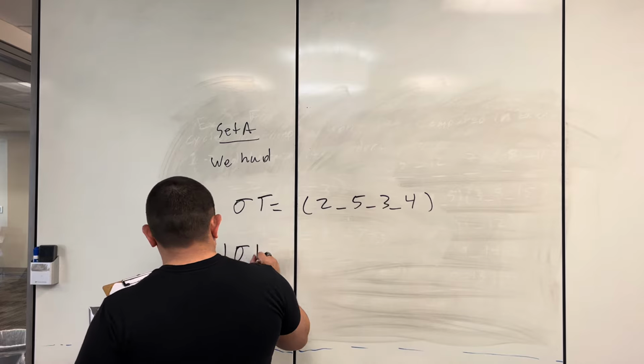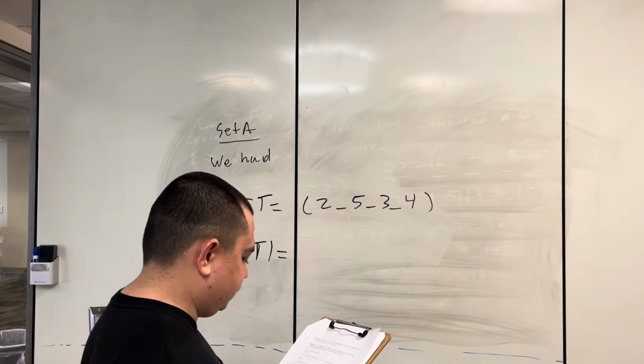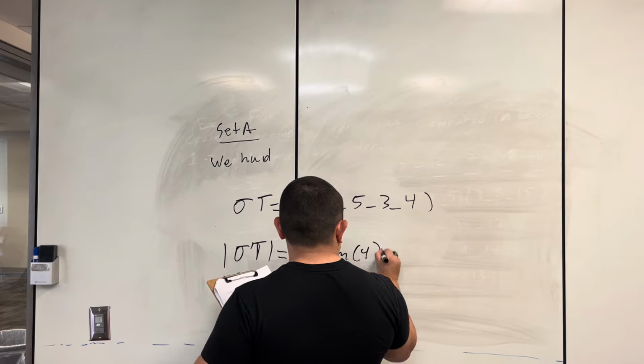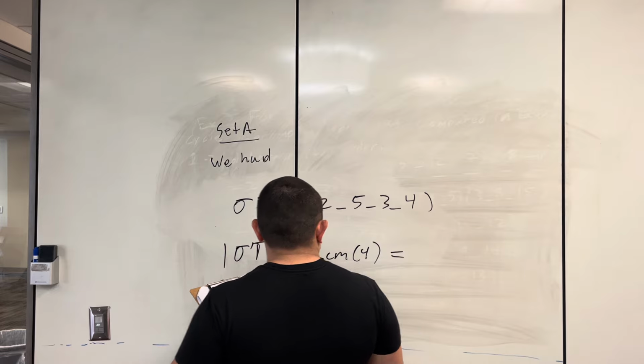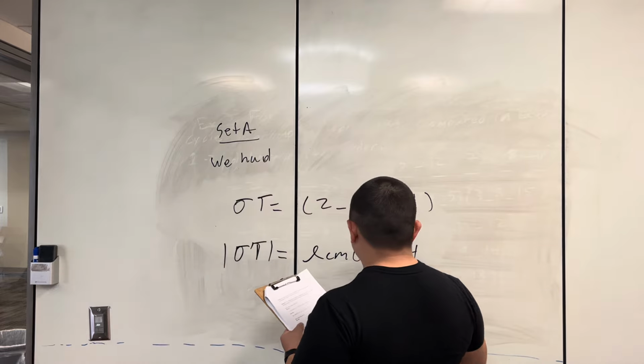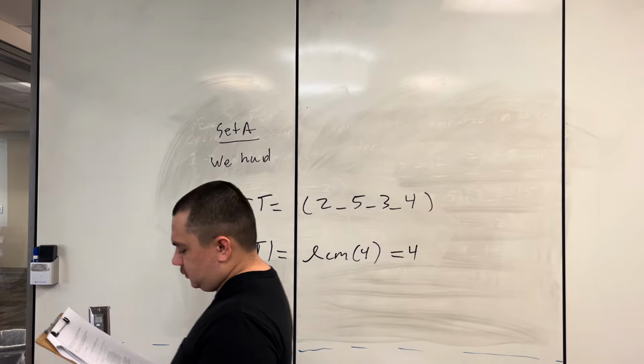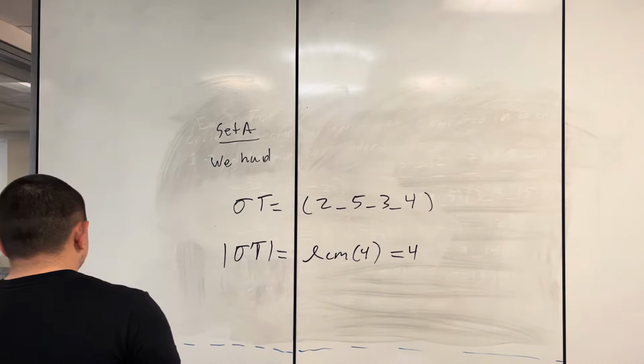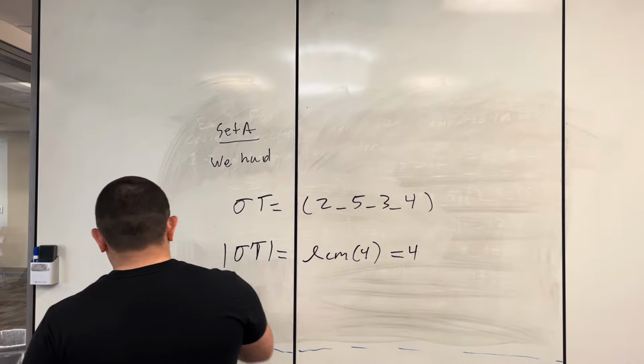And the order of sigma tau is equal to LCM(4), which is equal to 4. Simple enough. It's the least common multiple of the only thing available, which is 4.